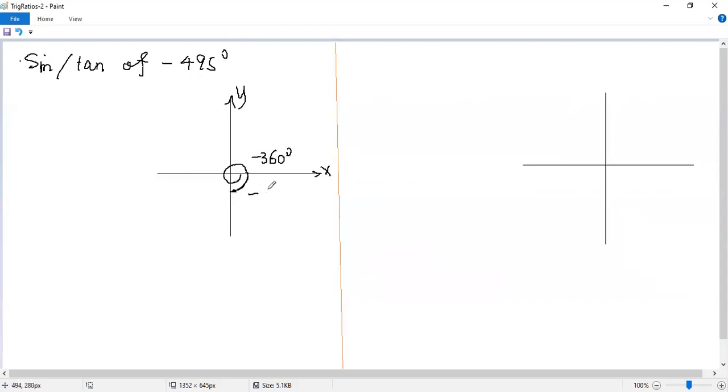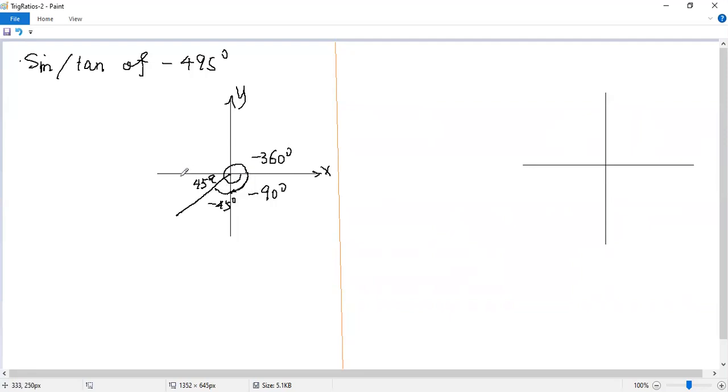So totally we get negative 450 degrees, and we still need an additional negative 45 degrees. So here's negative 45 degrees. So the terminal arm looks like this one. And here the degree is 45 degrees.